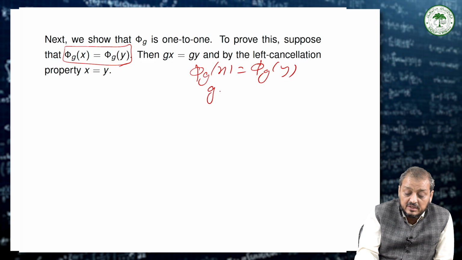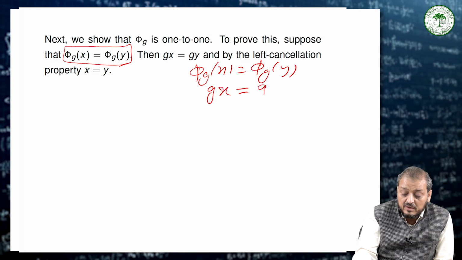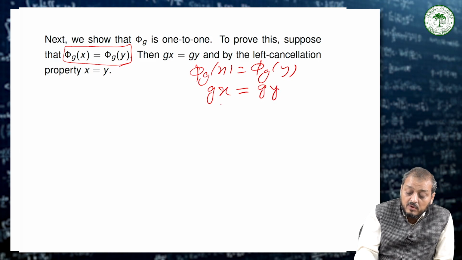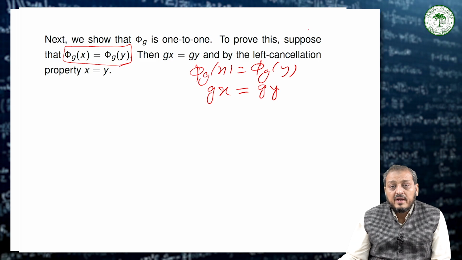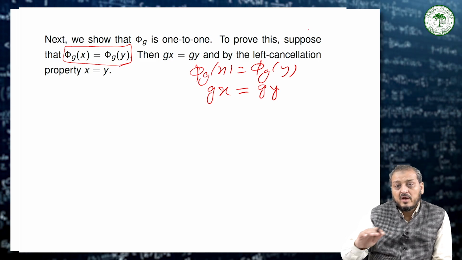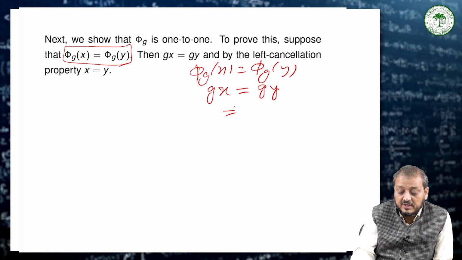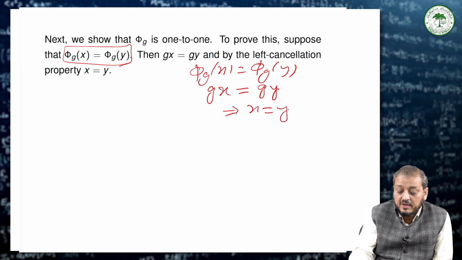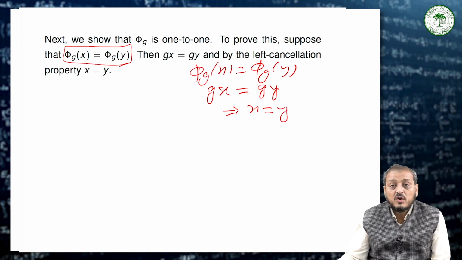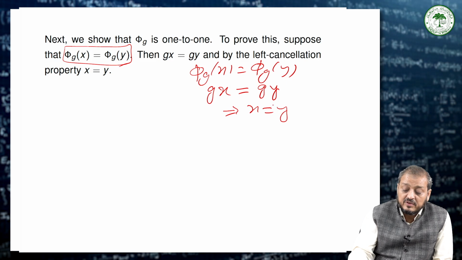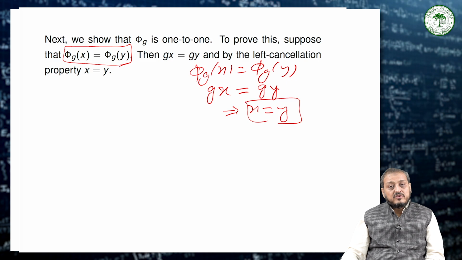By definition this is nothing but ax = ay. Because a, x and y are elements of a group, and a group satisfies the cancellation laws, by the left cancellation law this implies that x = y. So if phi_a(x) = phi_a(y), then x = y. Clearly phi_a is one-one.